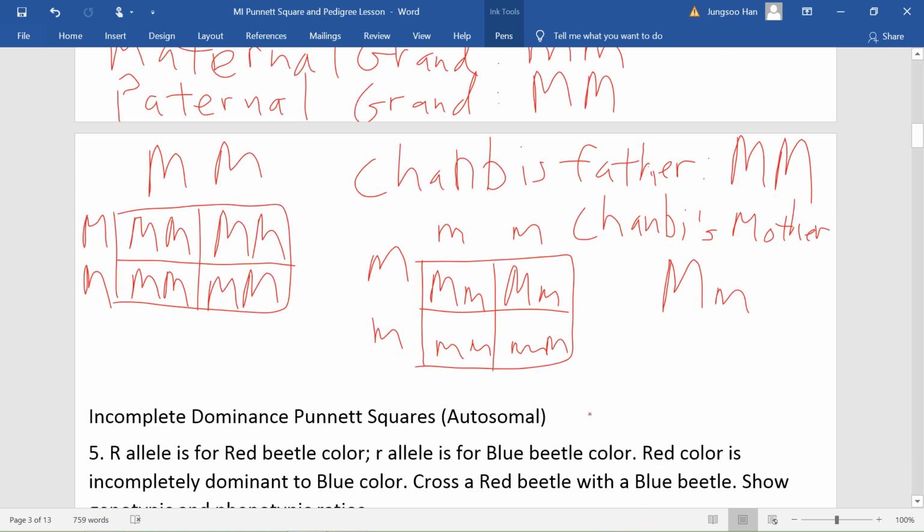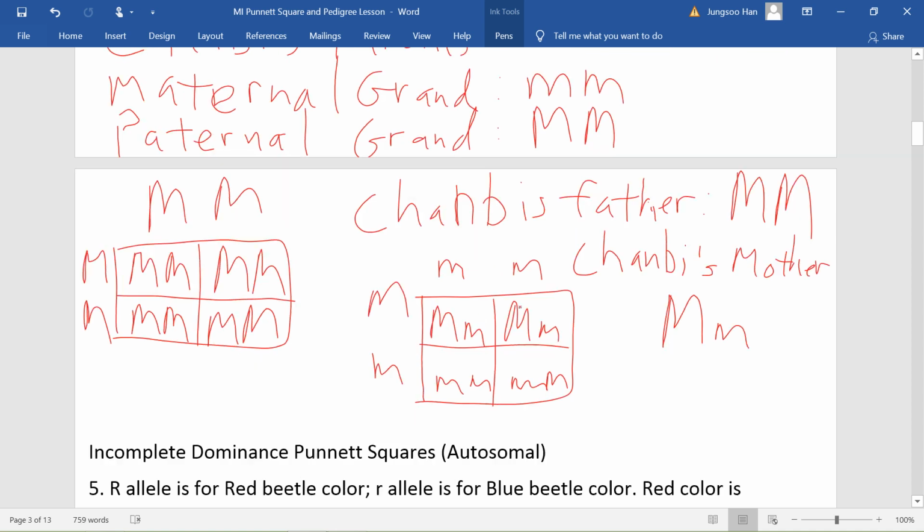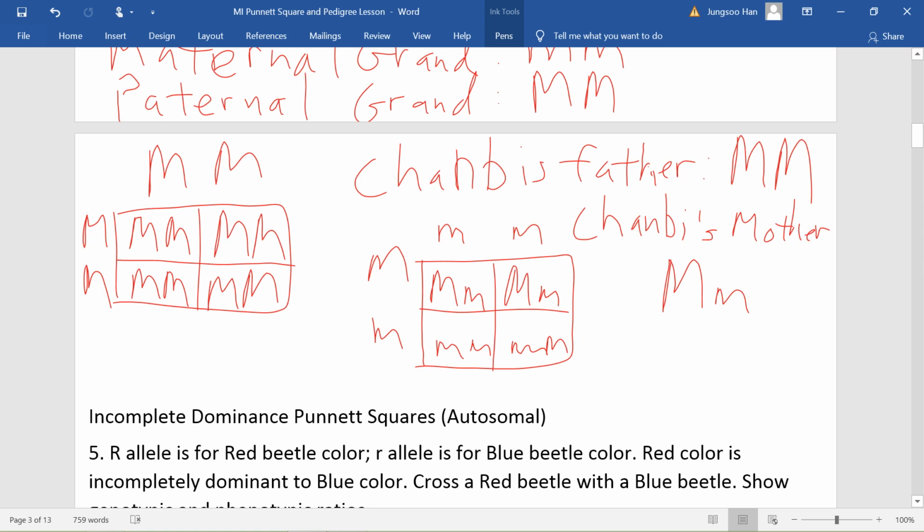So, what does this mean? Okay, now that we have the father's genotype, and now that we have the mother's genotype, we do the Punnett square. Okay, and big M here, little m there.